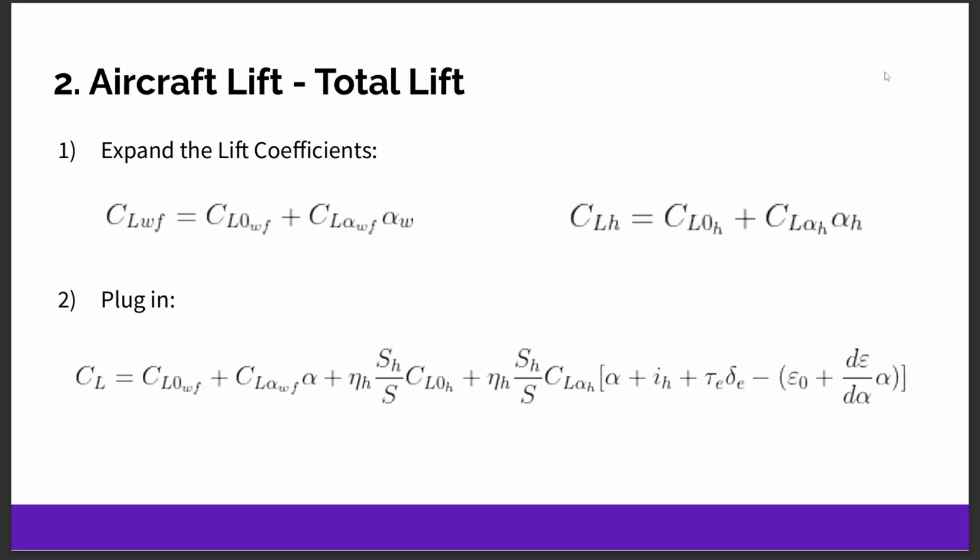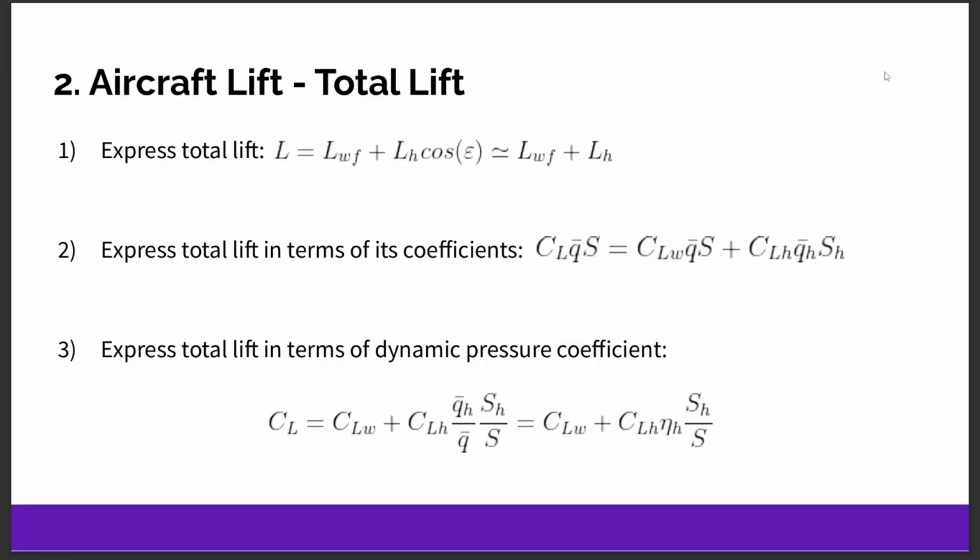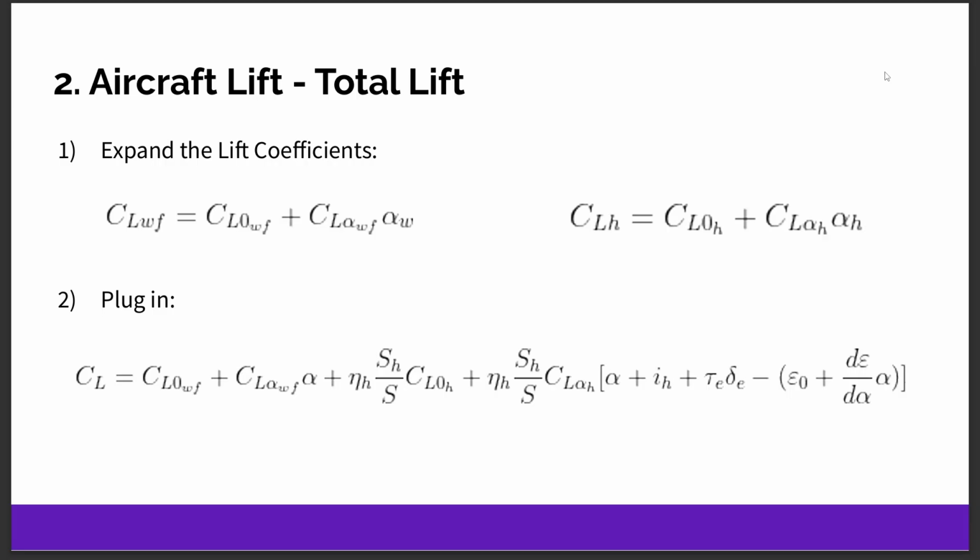And what we do here is we essentially take the equation at the bottom here and plug in everything that we have found, and that is the expansion of the individual lift coefficients in addition to alpha of the horizontal stabilizer. And what you would get is what's at the bottom of the slide.